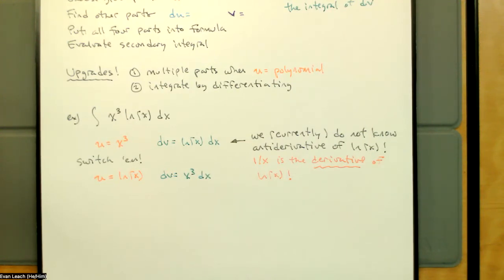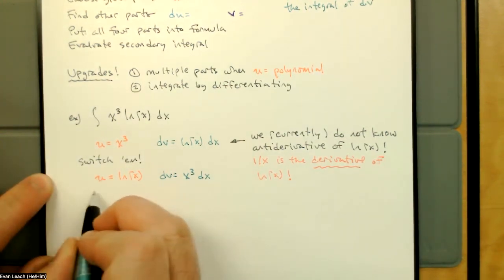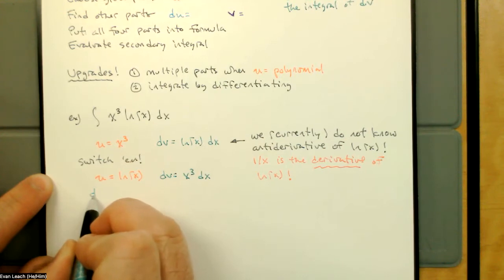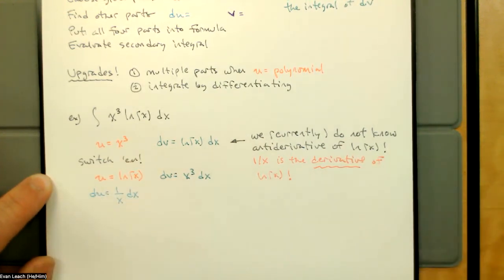Initially, we don't like this because we're going to integrate our x cubed into an x to the 4th, and we don't like things getting bigger. But then we'll notice what du is. So if u is natural log of x, then du is 1 over x dx.